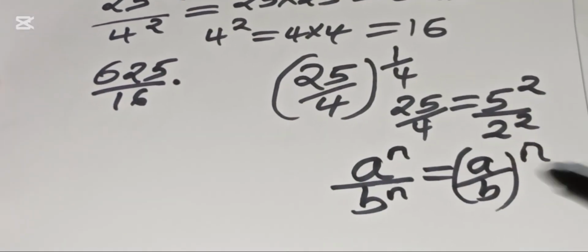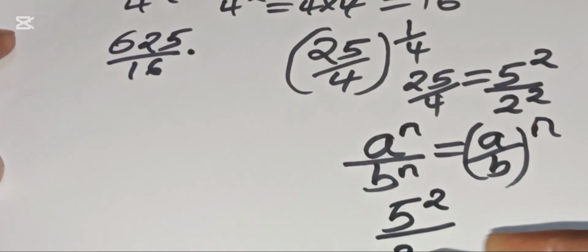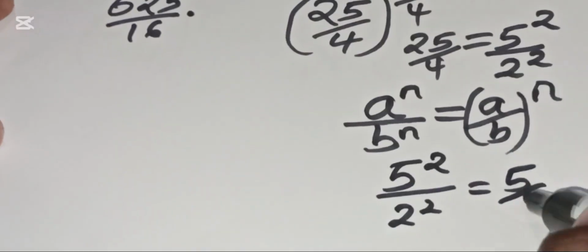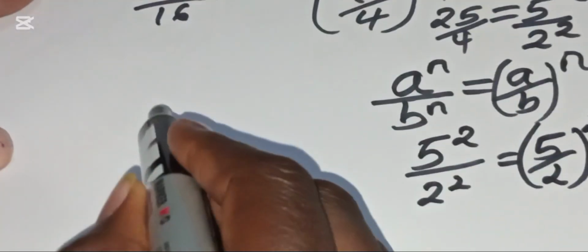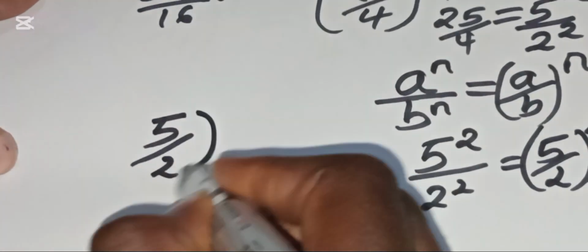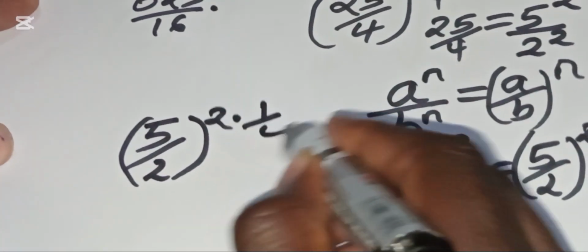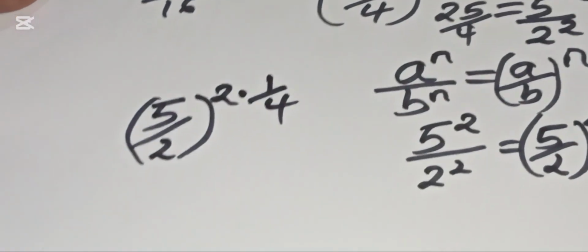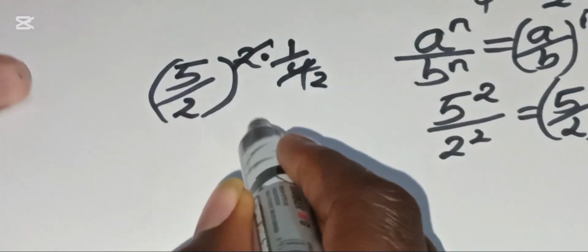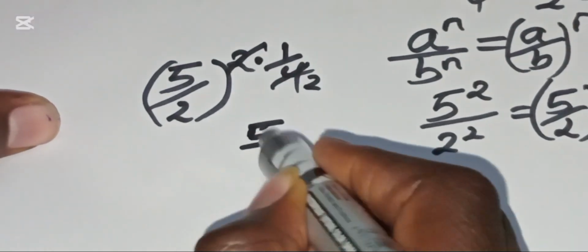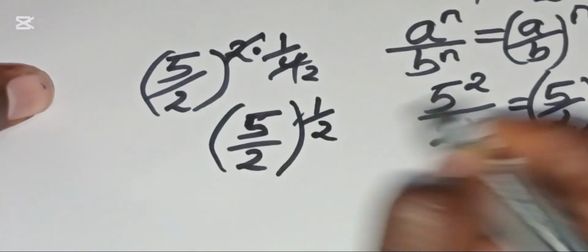So we'll have 5 squared divided by 2 squared, which is the same thing as 5 over 2 raised to power 2. Okay, so we are going to have 5 over 2 raised to power 2 multiplied by 1 over 4. We simplify here, so we're going to have 5 over 2 raised to power a half.